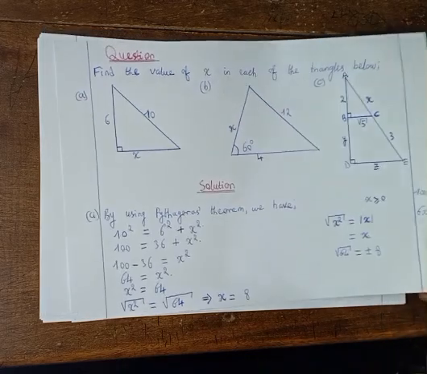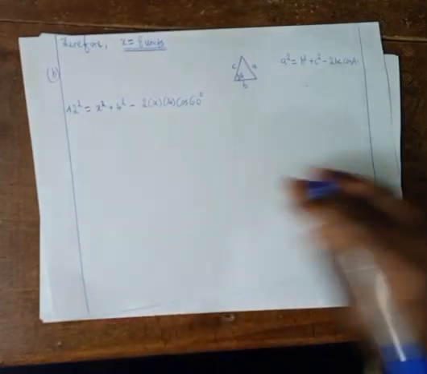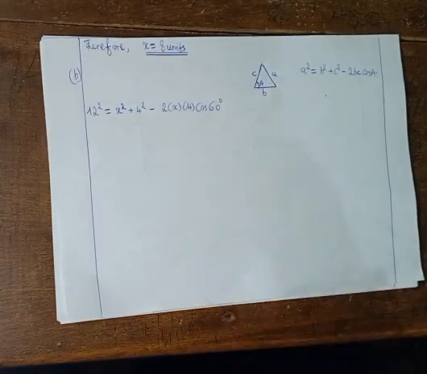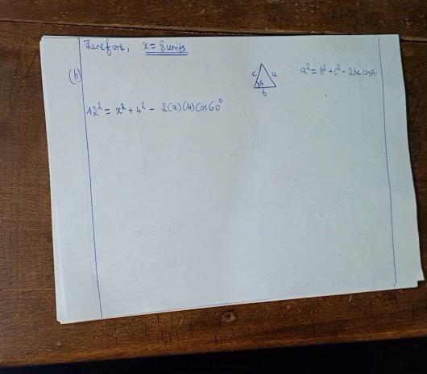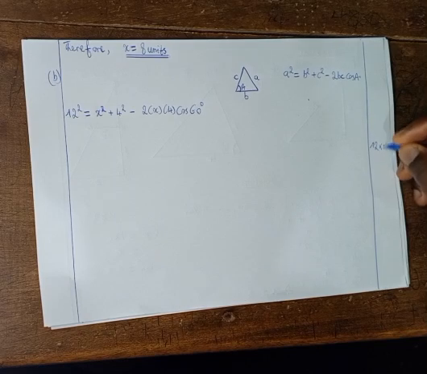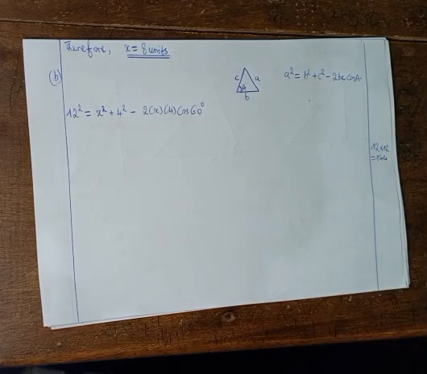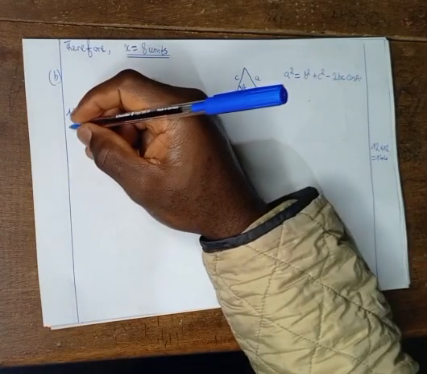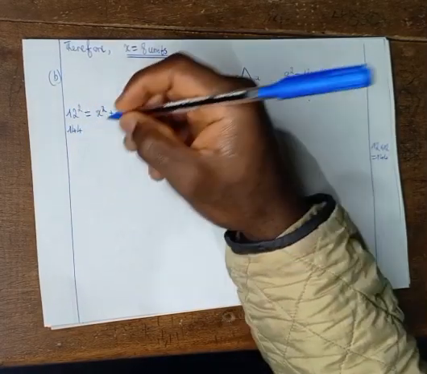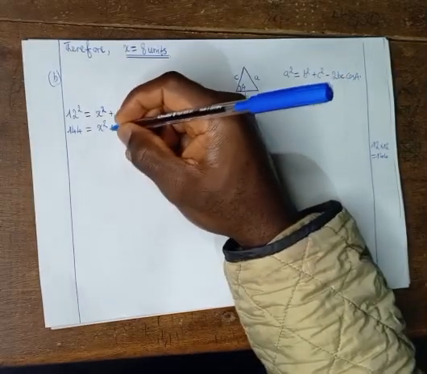So now we need to carry out the necessary simplifications. We know 12 squared is simply the same as 12 times 12, which will be equal to 144. So this will give us 144 to be equal to x squared plus 4 squared.